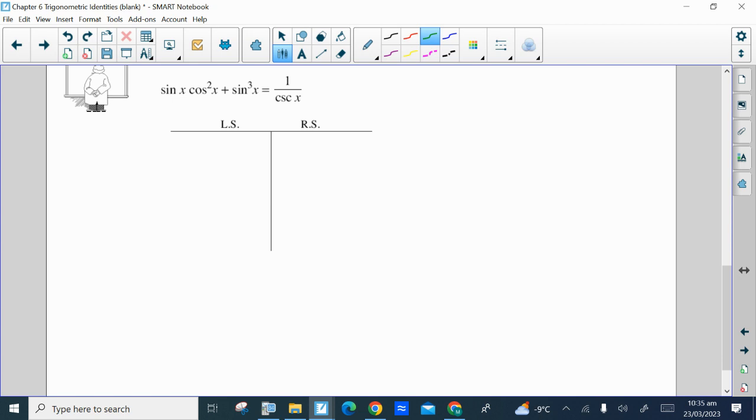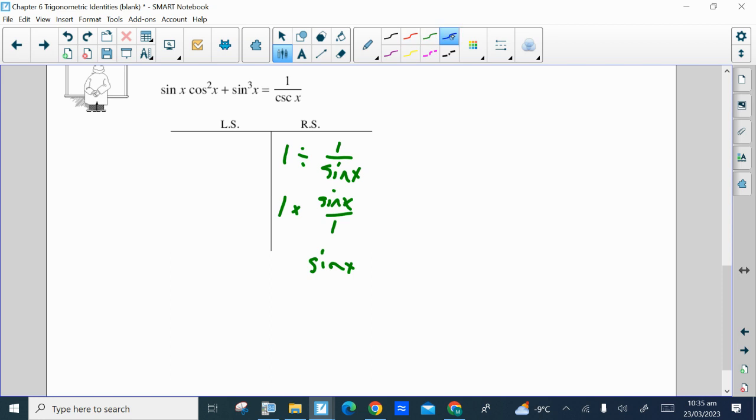So 1 over cosecant will be 1 divided by 1 over sine. To divide by a fraction, you multiply by the reciprocal. So you multiply by sine over 1, which is sine. The right side is sine x.